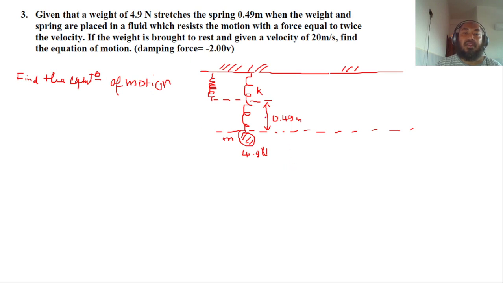So this spring will be submerged into the fluid. We put the spring and this mass into the fluid, and look at that.